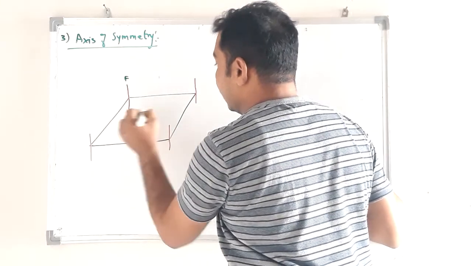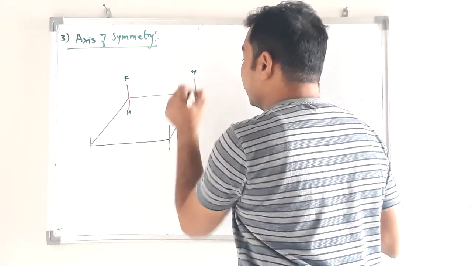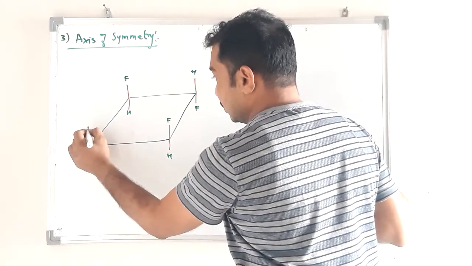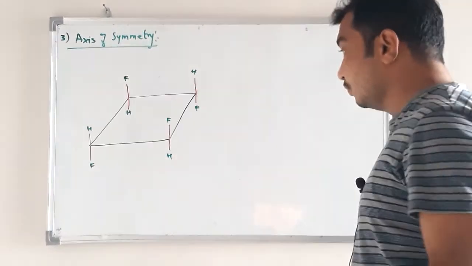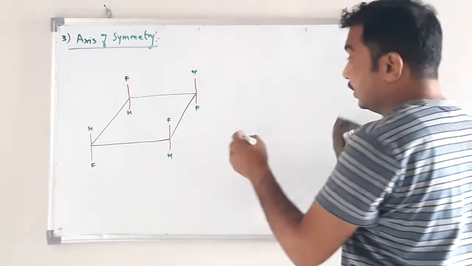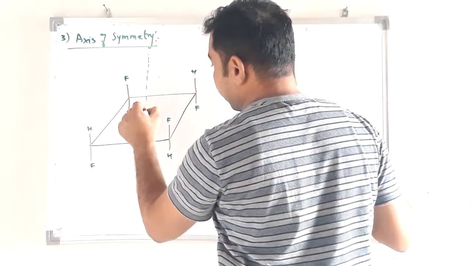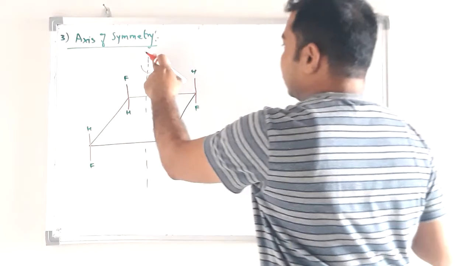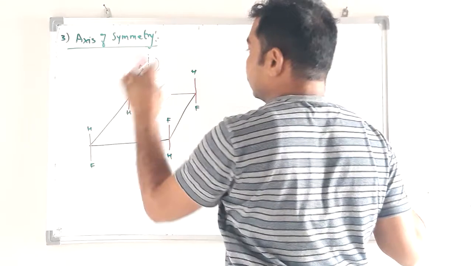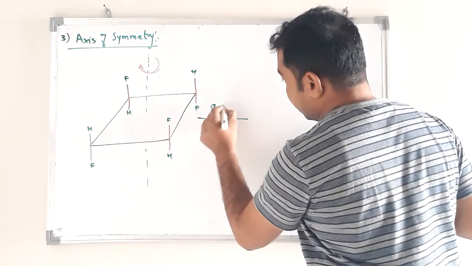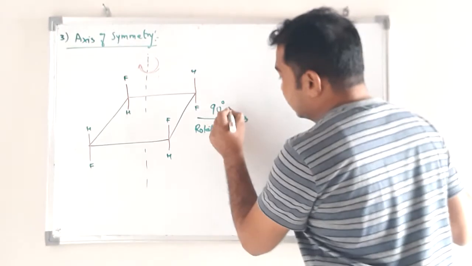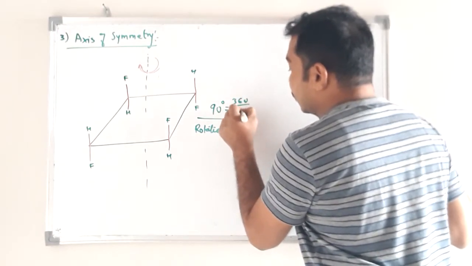Fluorine, hydrogen, fluorine, hydrogen, fluorine, hydrogen, fluorine, hydrogen. Okay, fluorine and hydrogen. Rotate this molecule through 90 degree, means 360 by 4.